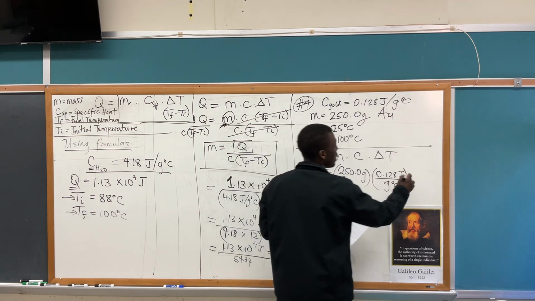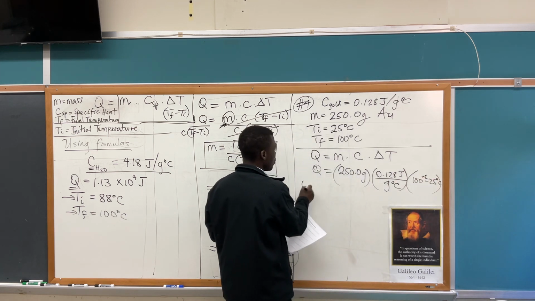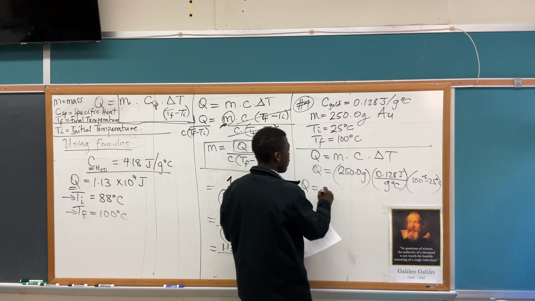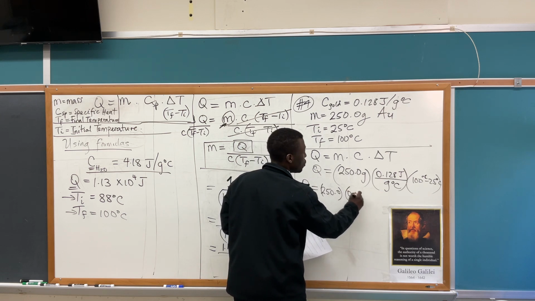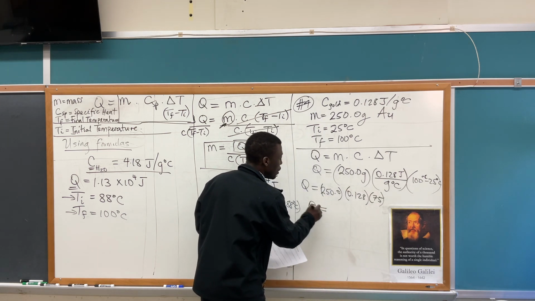And then we do the final, 100 minus 25 degrees Celsius. So Q is equal to this times 75. So 250 times 0.128 times 75. Q then would equal the value there.